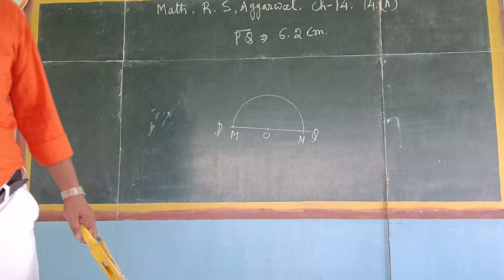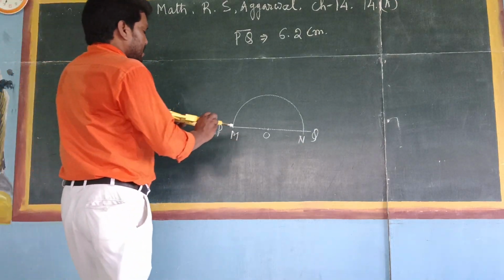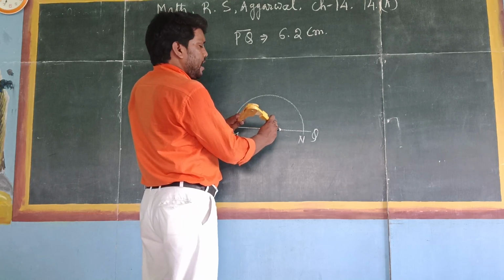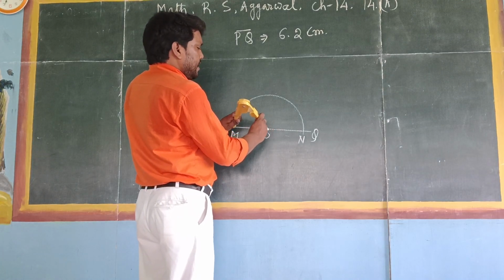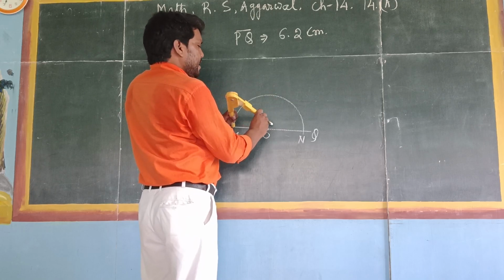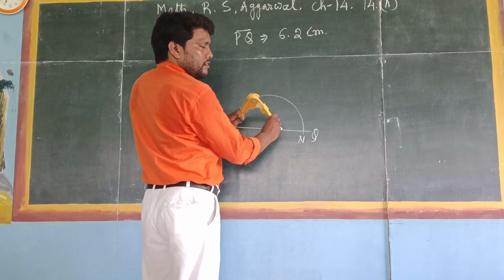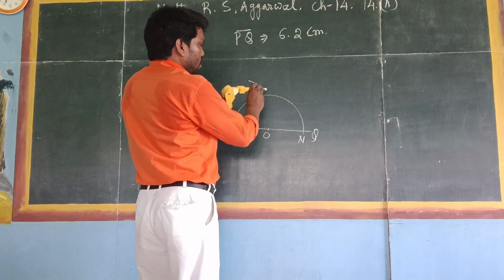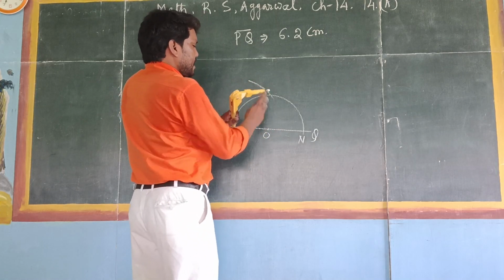Next, second step. This is just like the previous method. Take more than half of the radius. This is the radius of the semicircle, and take more than half of the radius here. Then cut only on the upper side.